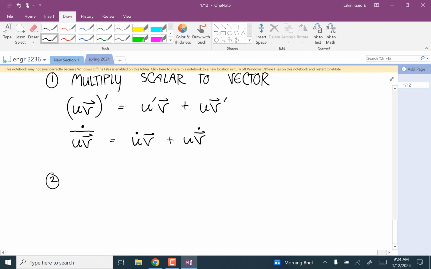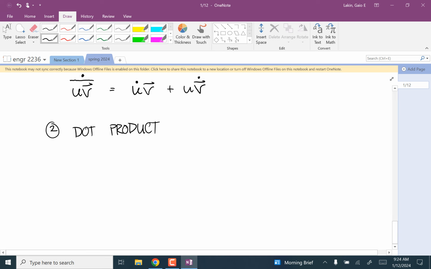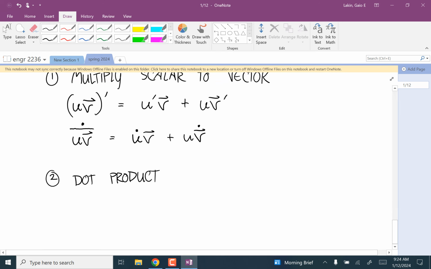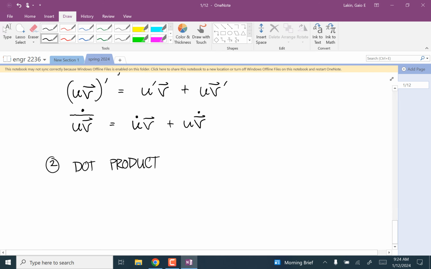Now that's if you multiply a scalar to a vector. What if you multiply two vectors to each other? Well, there's two ways to do that. There's a dot product between two vectors. So let's say that you have a vector u dotted with a vector v, and you want to take the derivative of the whole thing.